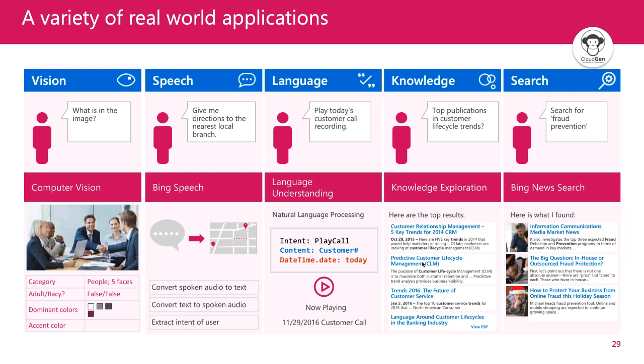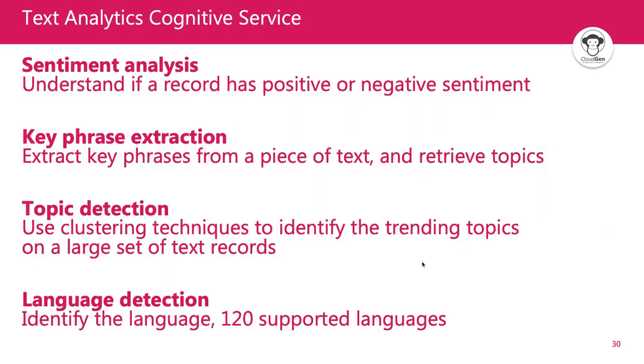We can just prepare an HTTP request, send the data, and obtain a result. And this is actually what I do in this application. I use the text analytics service to detect the sentiment of some text, if it is positive or negative, and also to detect the language.